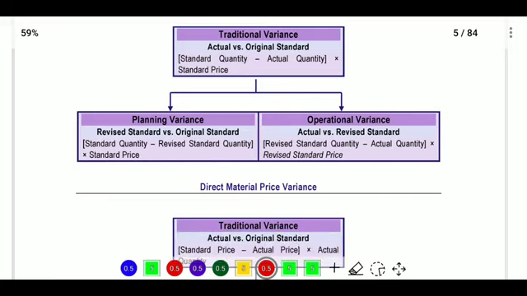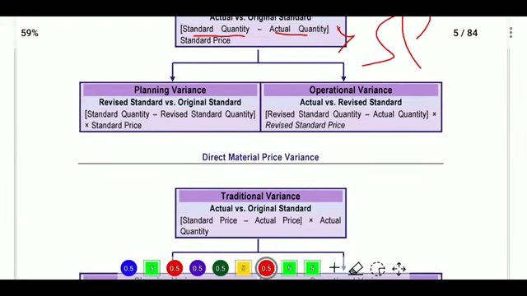For quantity, it is standard quantity minus actual quantity into standard price. Always standard price. Next, planning variance. Here we are seeing only quantity related differences: the standard quantity you kept minus the revised quantity, into standard price. Always standard price.